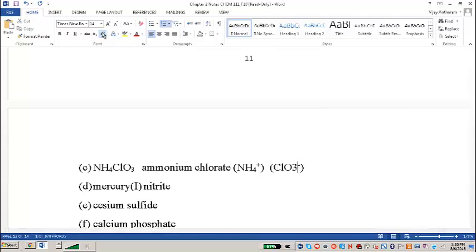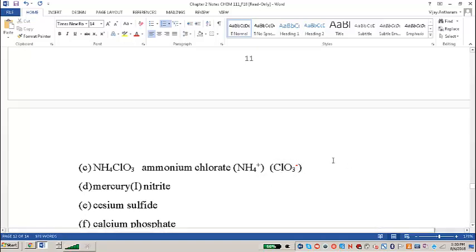So do the switcheroo with NH4 plus and ClO3 minus. The positive attracts to the minus, and the switcheroo makes it NH4ClO3, ammonium chlorate. This is the ammonium ion, and this is the chlorate ion. This is the cation, this is the anion.